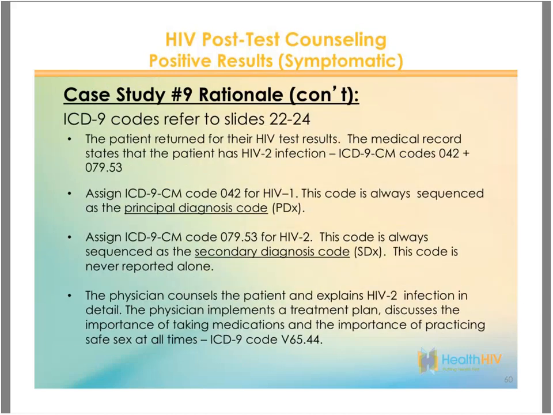And I'm going to skip right to the ICD-9 slide, which gives you the rationale for the three diagnoses. The coding guidelines state that anytime a patient has the HIV-2 infection, the principal diagnosis is always going to be 042, followed by 079.53. The physician counseled the patient, so we also include the counseling code for the scenario.